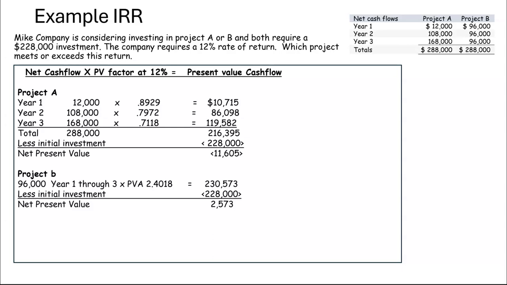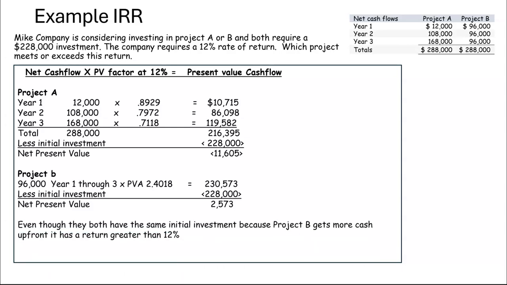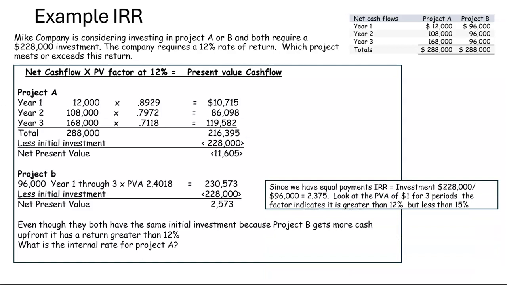Now, for Project B, it's different. We have a net present value of $2,573, which tells me that our internal rate of return is higher. So we would go with Project B. So what do we do? What's the internal rate of return? Well, we would take our investment of $228,000 and divide by 96,000 because in Project B those funds are equal.